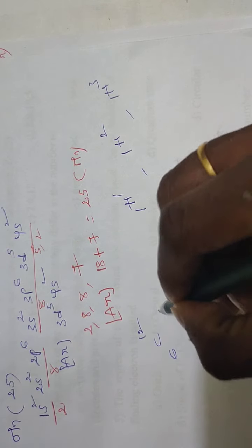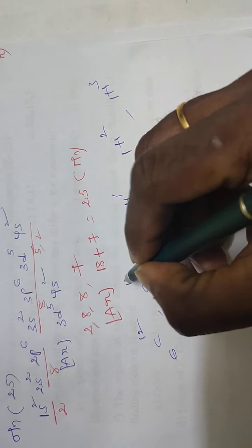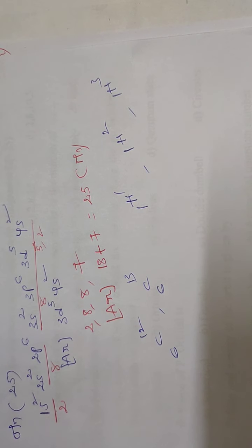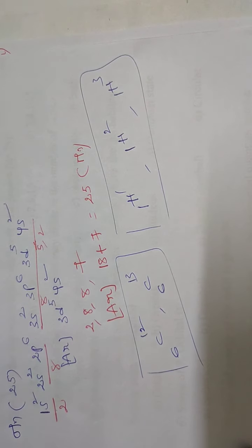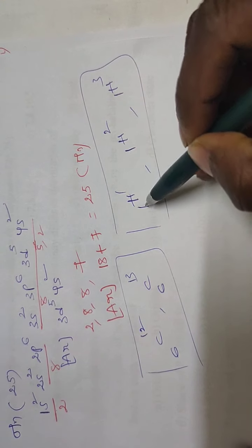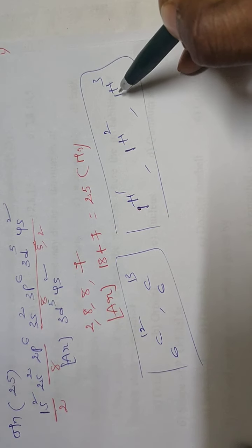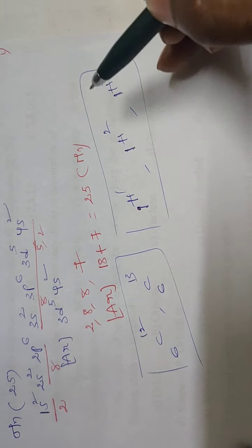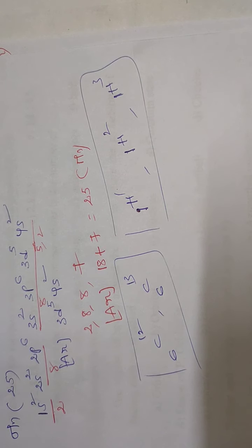C6 12, C6 13, carbon 6 12, carbon 6 13. So these are the isotopes having same atomic number but different mass numbers. These are atomic numbers, and these are mass numbers. Isotopes means atoms having same atomic numbers but different mass numbers.